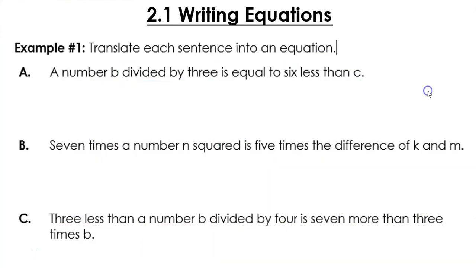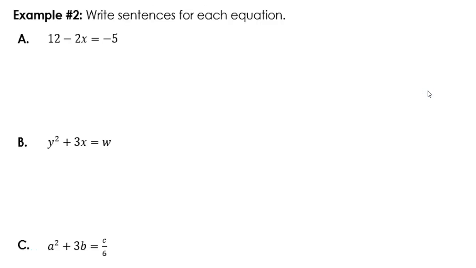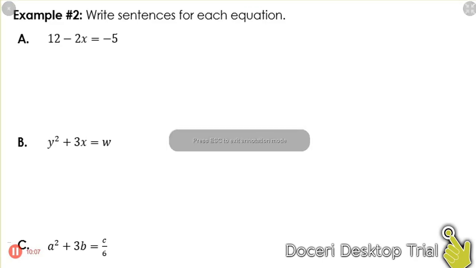And then for our last set, we are going to write sentences for each equation. Now, please know there's more than one way to write each of these. So not one way is correct, because if you notice our list of words, there are multiple words that mean to add, subtract, multiply, and divide. So we're going to look at this first one, which says 12. So we have 12. And then you need a word that means to subtract.